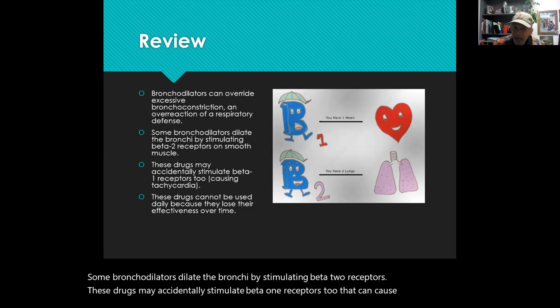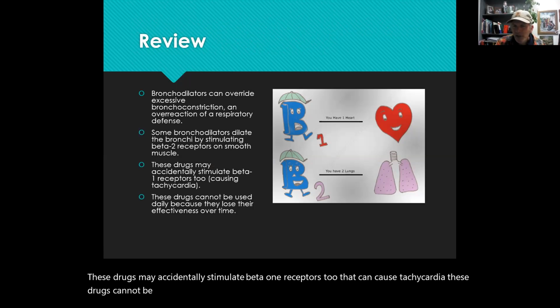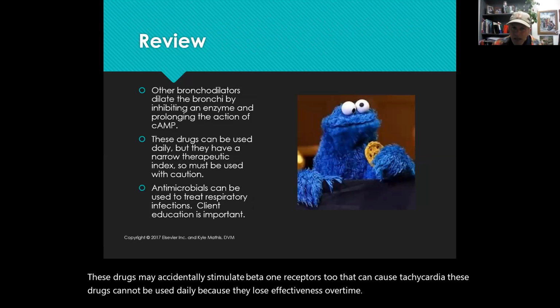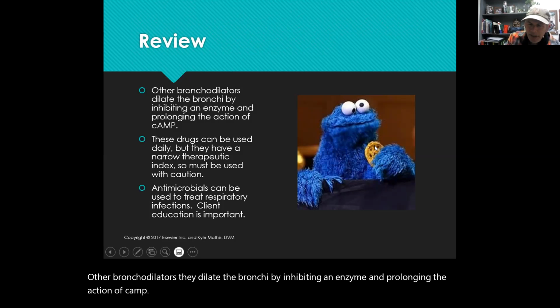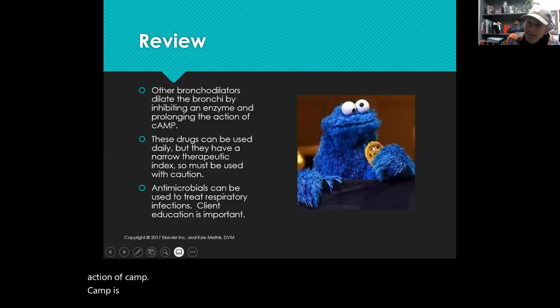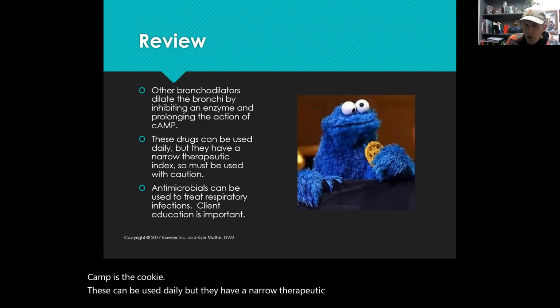These drugs cannot be used daily because they lose effectiveness over time. Other bronchodilators dilate the bronchi by inhibiting an enzyme and prolonging the action of cAMP. cAMP is the cookie. These can be used daily, but they have a narrow therapeutic index, so must be used with caution.